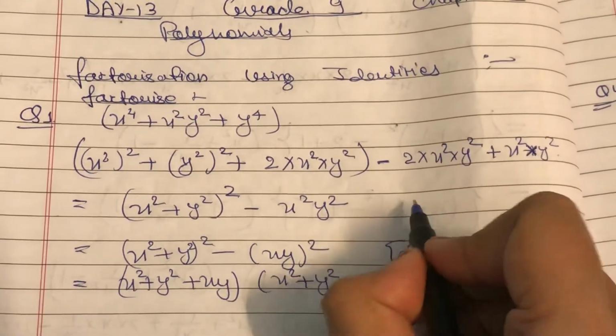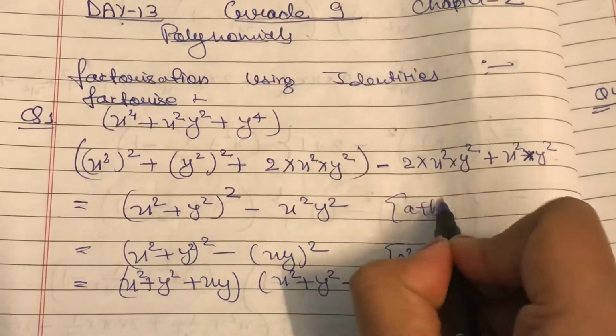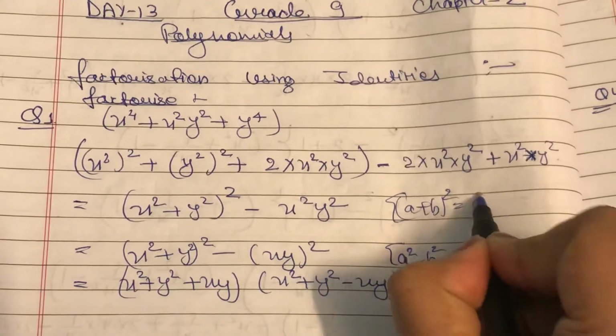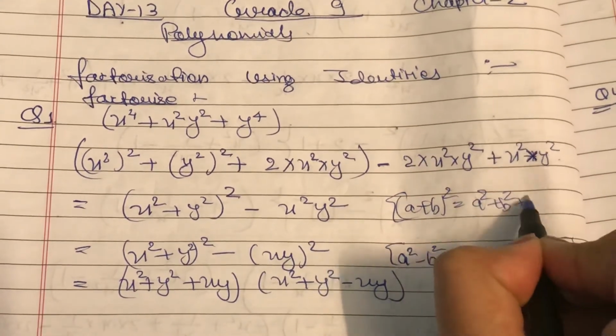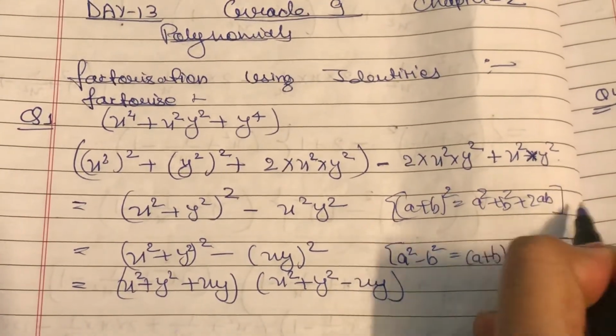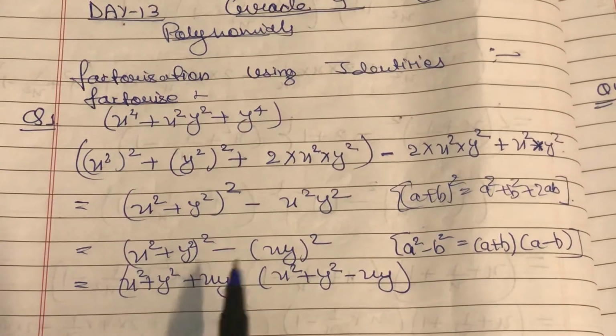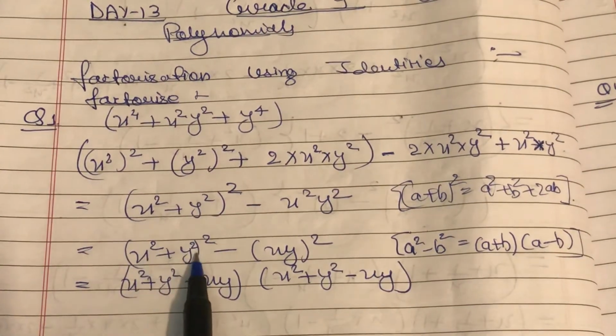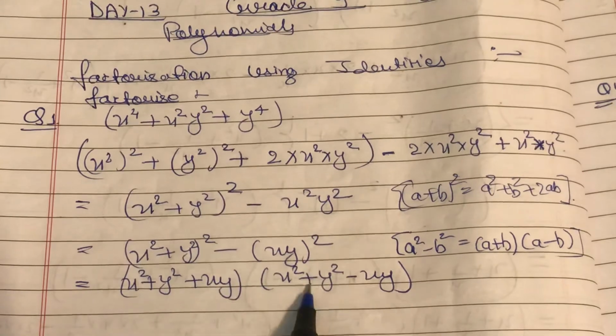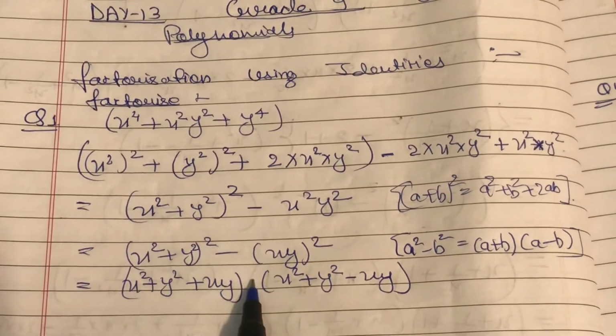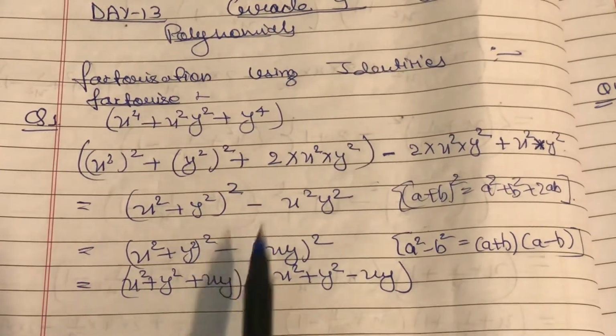Everywhere if you are using any identities, then please mention it. So in place of a I have x square plus y square, so a plus b and a minus b. This is in the product form, so these are the factors of this.